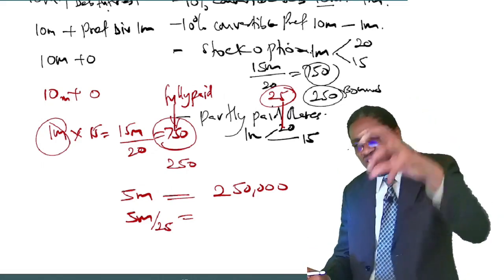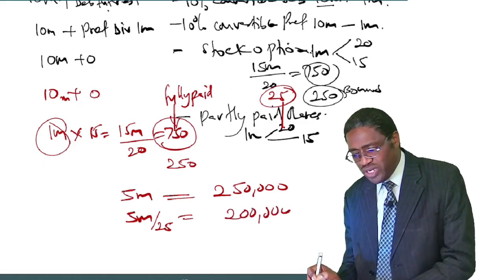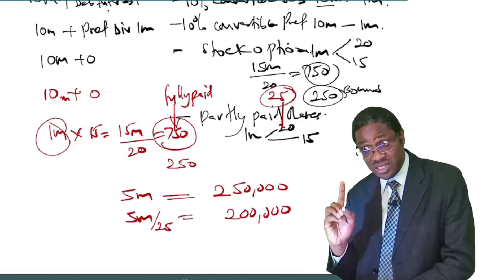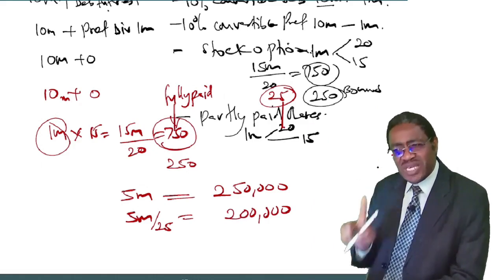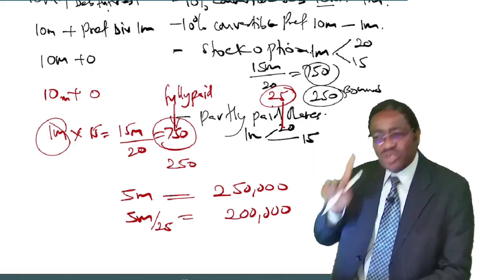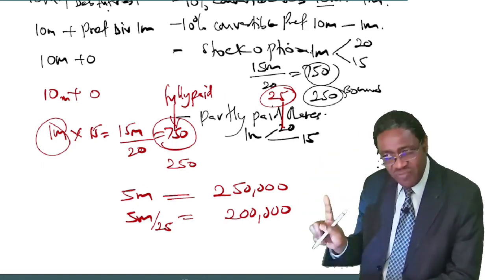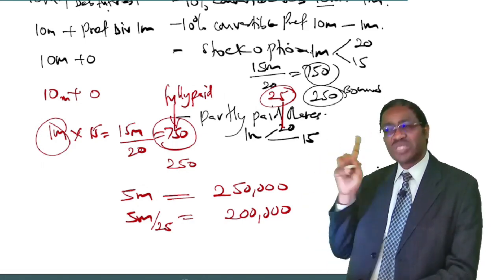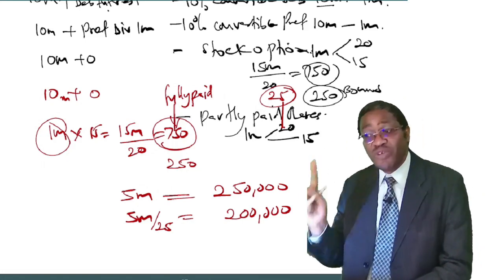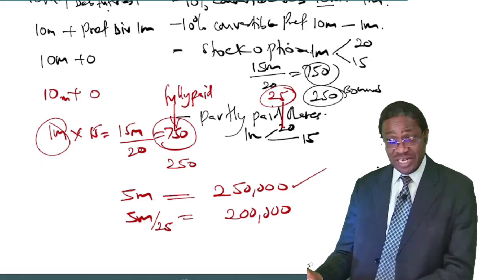So their 5 million in that future will be enough to buy only 200,000 shares. But the moment they bring in the 5 million, we shall not give them 200,000 shares. We said we shall give them the 250,000 balance of their shares.